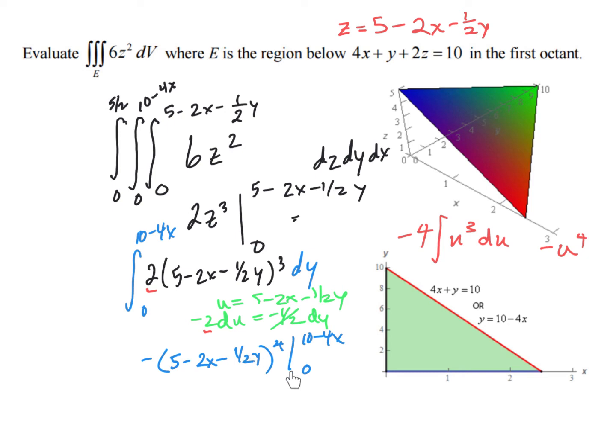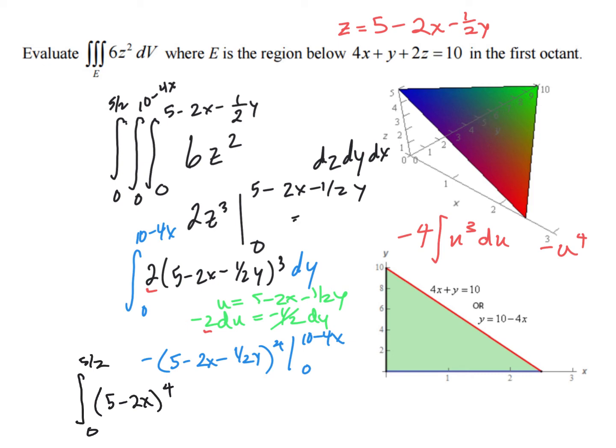So you have 0 minus negative 5 minus 2x to the 4th, and minus a negative makes it plus. I end up with just 5 minus 2x to the 4th, from 0 to 5/2.